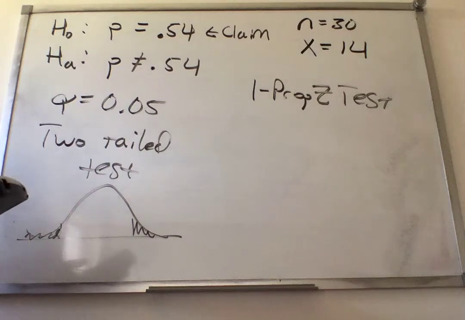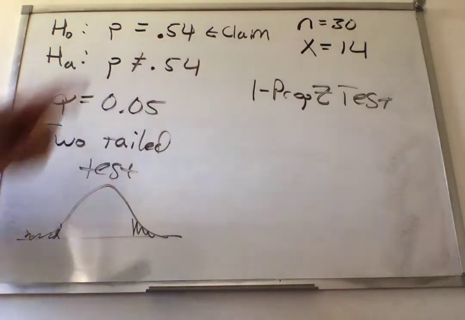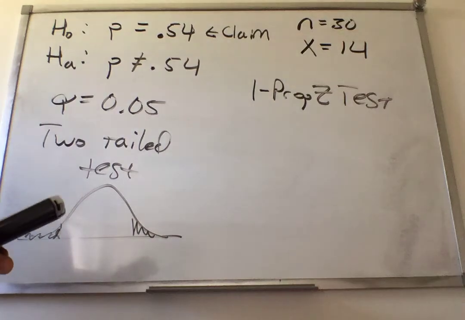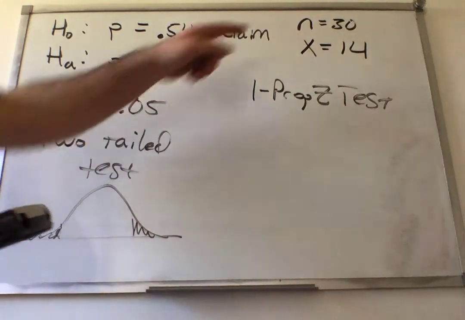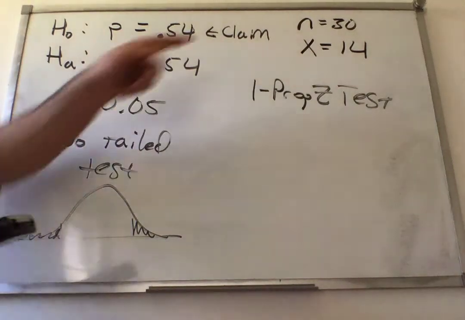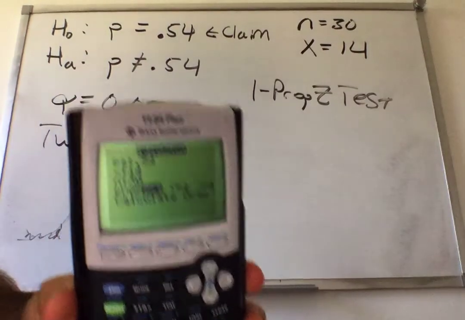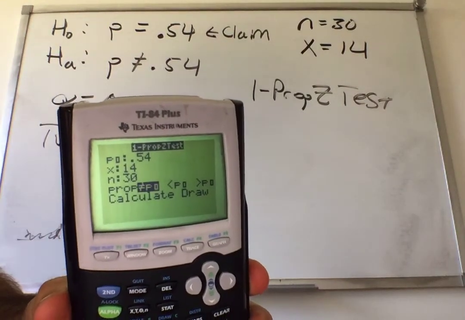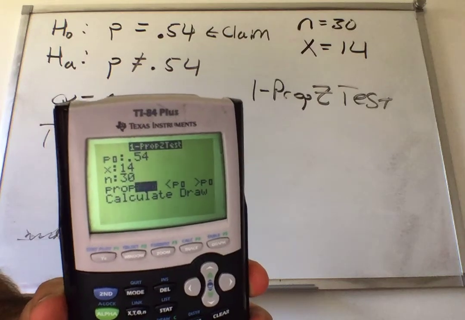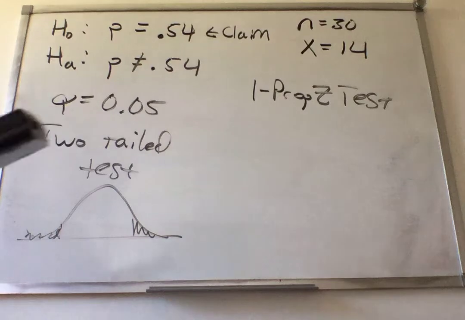Now P naught is our null hypothesis proportion. So I'm going to put 0.54. My X value has to be a whole number, and then our N value is 30. And then are we doing a two-tailed test, left-tailed test, or right-tailed test? So this is what I have entered in on my calculator. And now I'm just going to go to calculate.